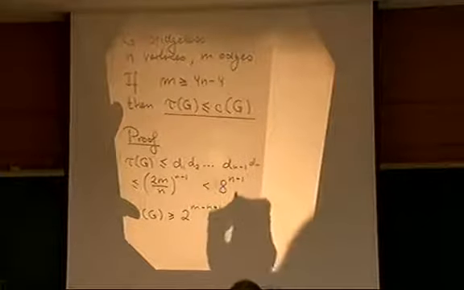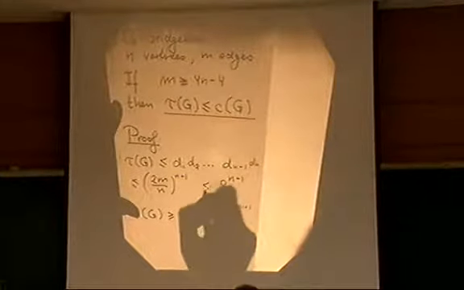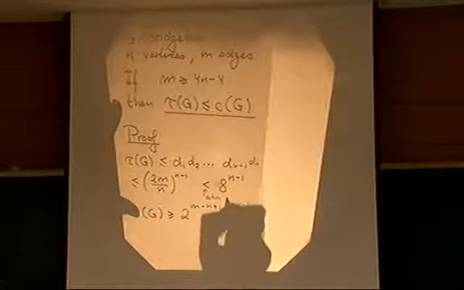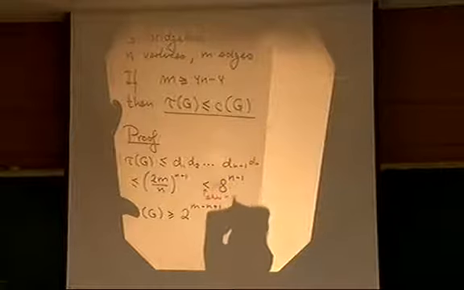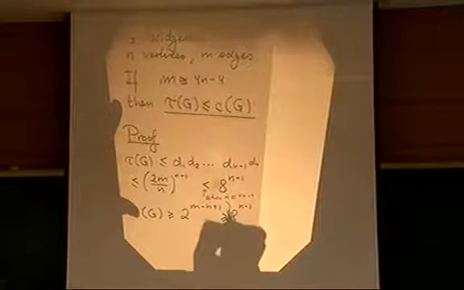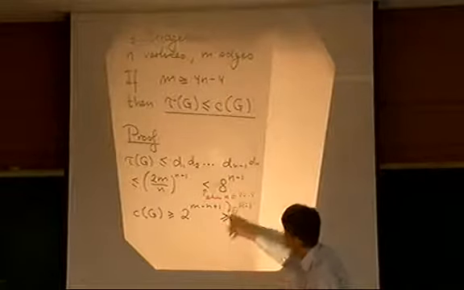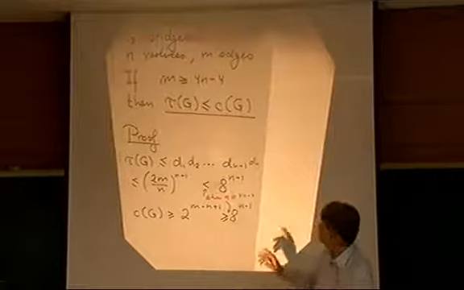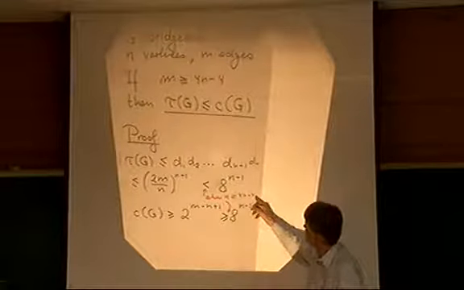This thing here is true when n is equal to 4n minus 4. And so these two inequalities are true when n is equal to 4n minus 4.